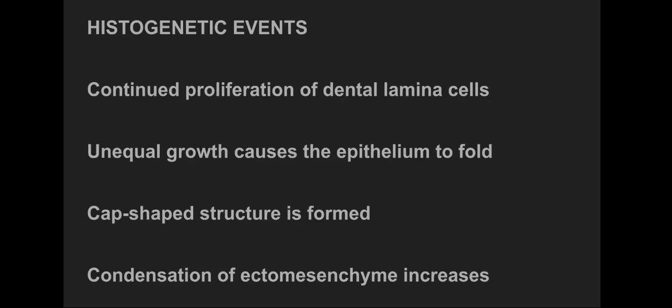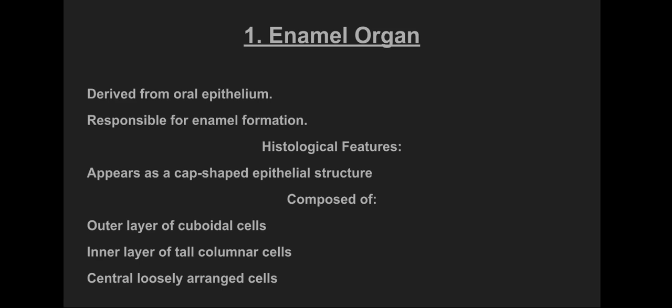Okay, so what histological events will you see here? Continued proliferation of dental lamina cells, unequal growth causing the epithelium to fold. A cap-shaped structure is formed, and condensation of ectomesenchyme increases. The components of the cap stage are: enamel organ, derived from oral epithelium, responsible for enamel formation.